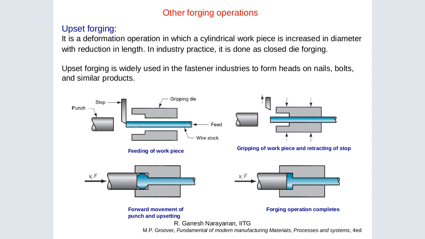Then this is the punch, it is being put there. And then when the punch comes in, it pushes the workpiece and forms the shape. And then it grips. And then when it is pushed in between to finish the space, it forms that top surface. So things like nails and bolts are formed using this process.